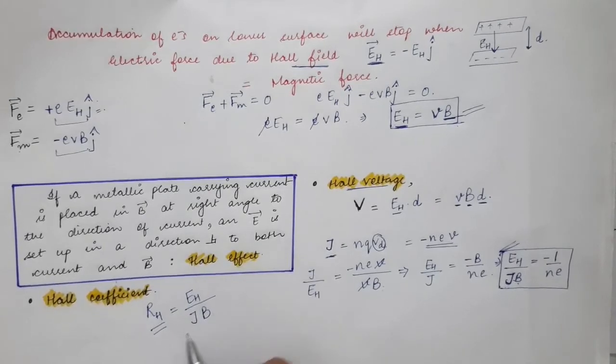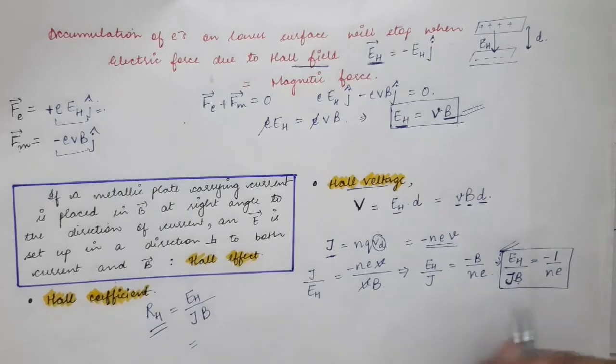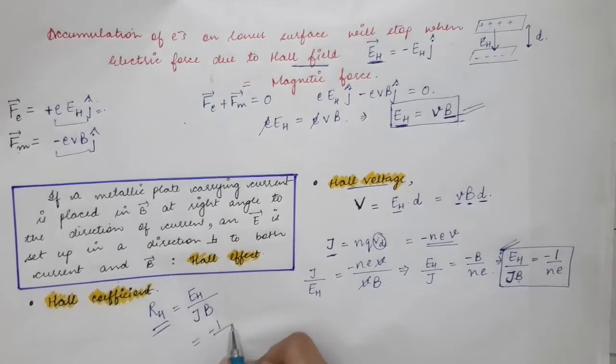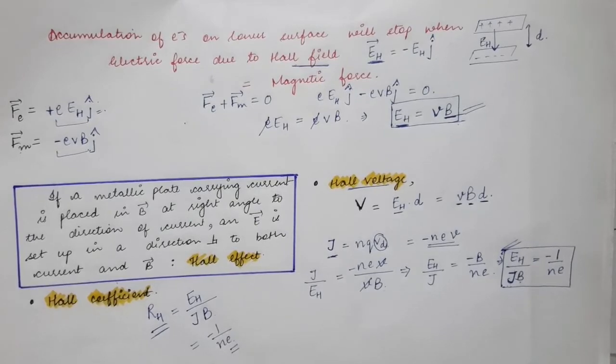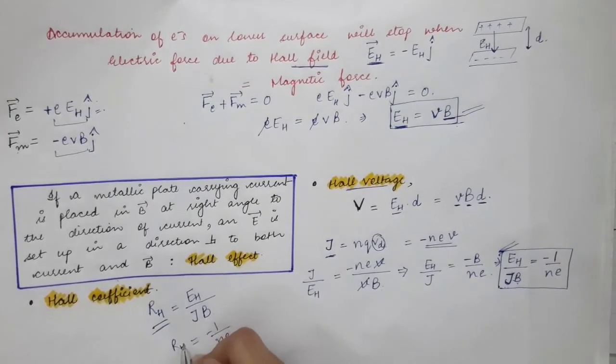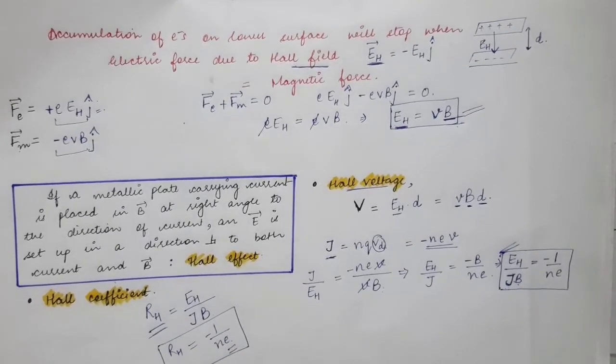So this ratio gives us the Hall coefficient, and for a conductor RH comes out to be minus 1 divided by n e. So the Hall coefficient is negative for a conductor, and that means the charge carriers in a conductor are negatively charged.